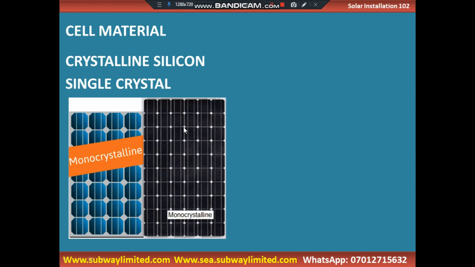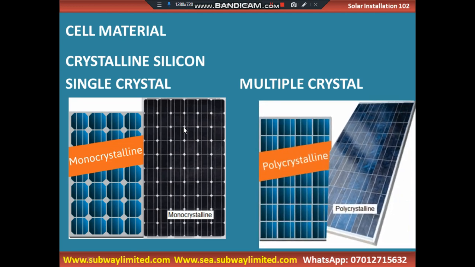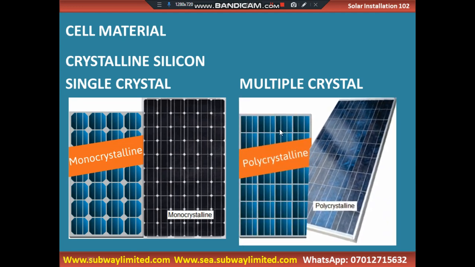We have another solar panel in which the crystal structure is made up of multi-crystals. And when the crystal structure is made up of multi-crystal, we have the polycrystalline solar panel.